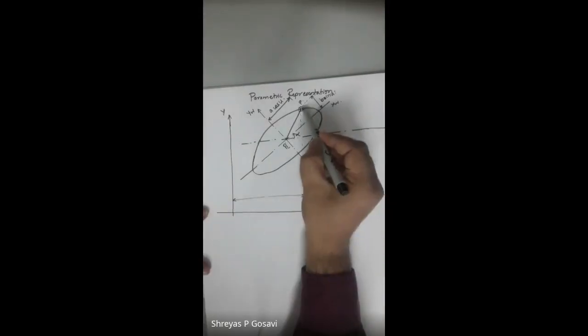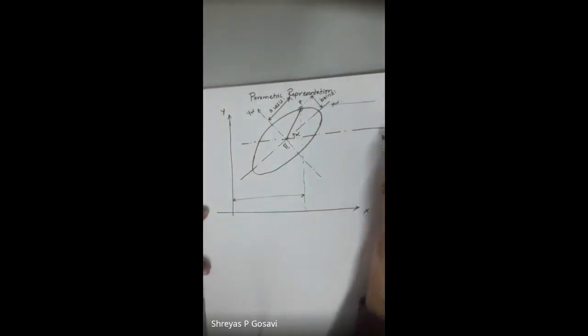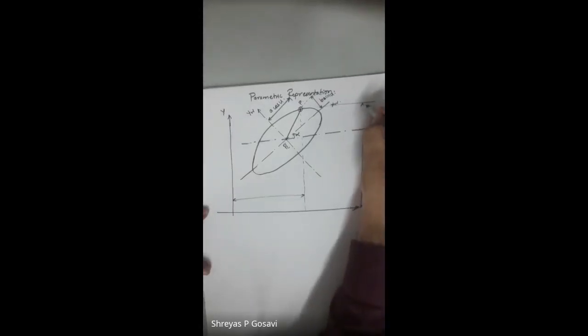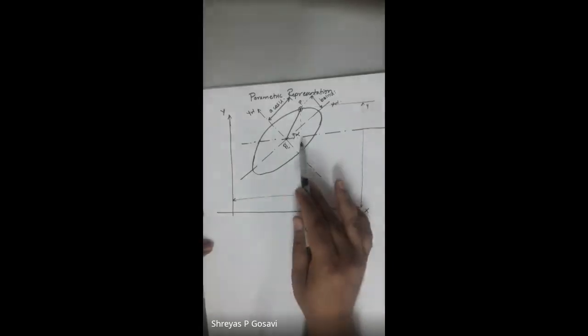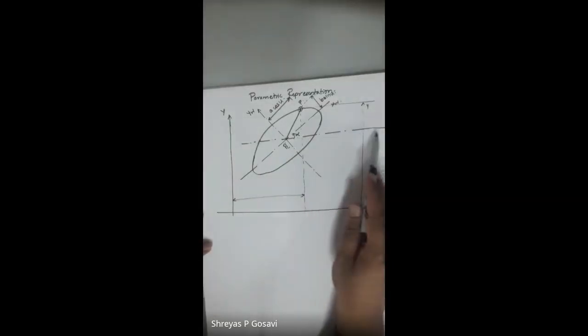This will be the x coordinate of the point and its vertical distance, this will be the y coordinate of the point. Okay. So we have to follow some certain trigonometric rules in order to find out the coordinates of an ellipse which is inclined at some angular orientation with respect to the x-axis.